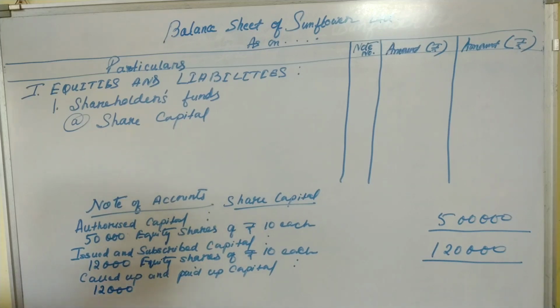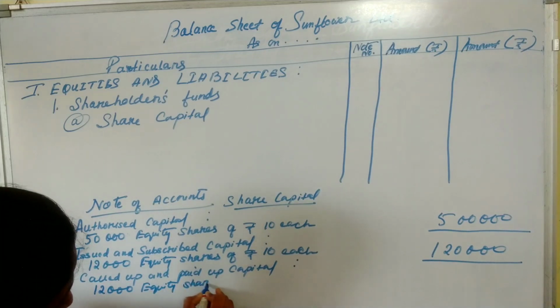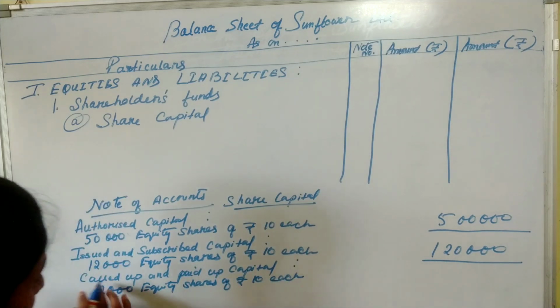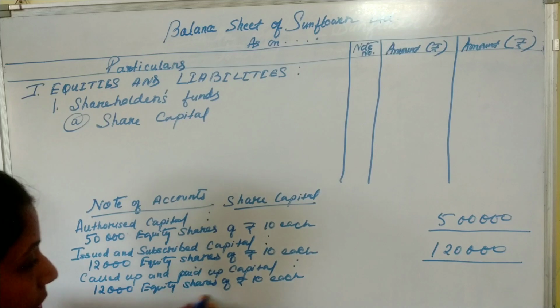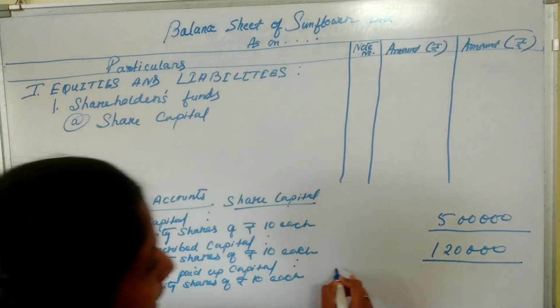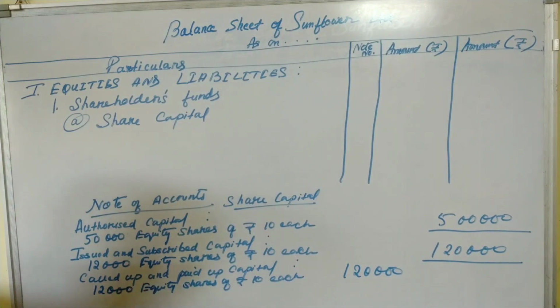So we will write 12,000 equity shares of rupees 10 each. This is the called up capital. This 12,000 equity shares is the called up capital, which is 1,20,000.